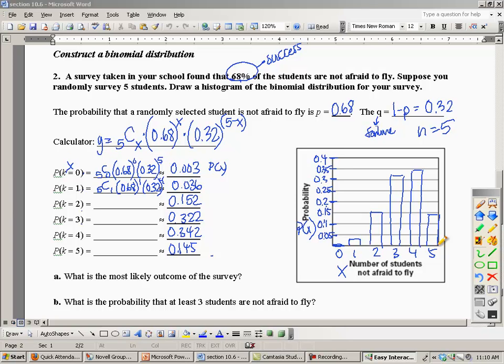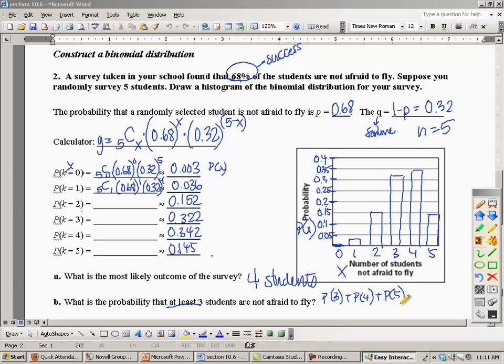Now, you can look at this both in table form and in data form, but take a look. What is the most likely outcome? Well, obviously, I think from a histogram, it's easier to see that 4 students not being afraid to fly is the most likely. Now, I do want to say students, because at least we know what I'm talking about, right? What's the probability that at least 3 students? So that means take the probability of 3 and the probability of 4 and the probability of 5 and add them together.